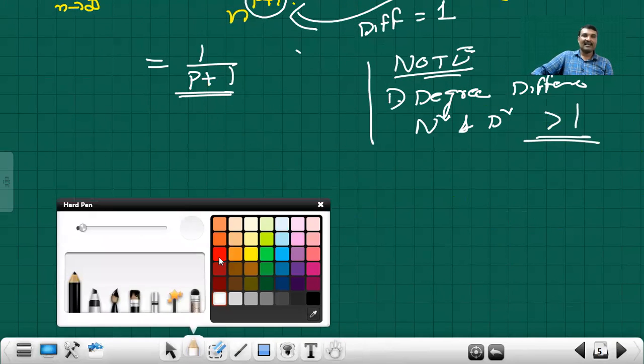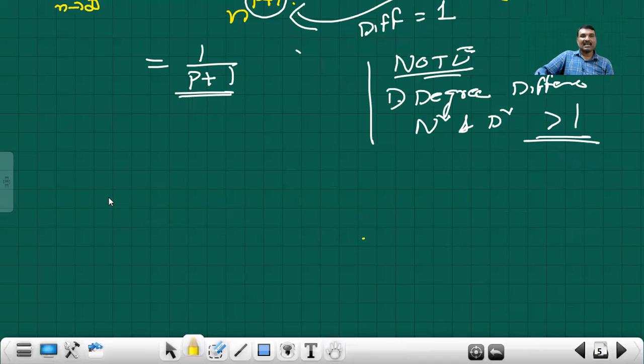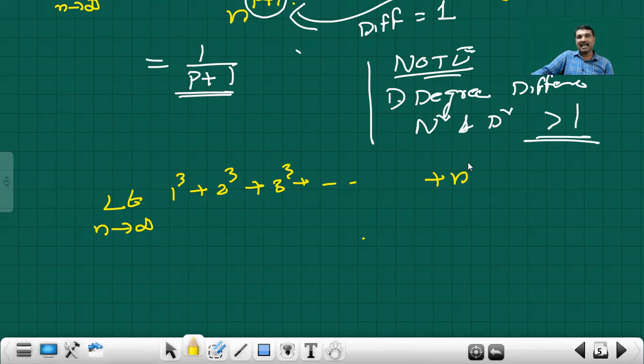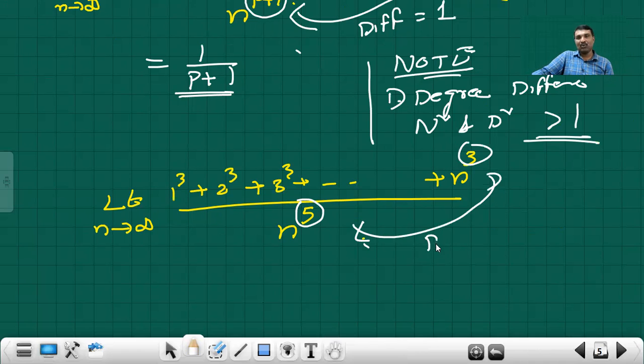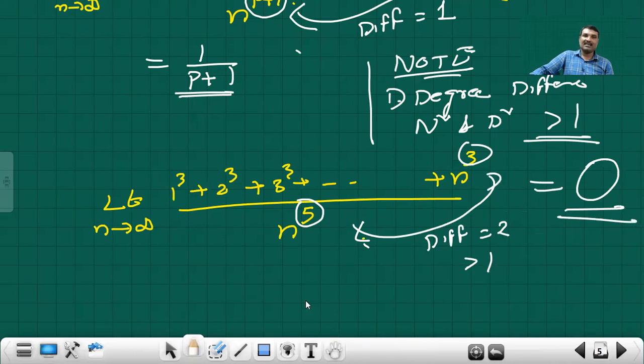Or we can write, suppose I have limit n tends to infinity, (1 cube plus 2 cube plus 3 cube, that's going on, plus n cube) divided by n raised to 5. Now what is the difference? Here the difference is 2, which is greater than 1. So the answer is equal to 0.